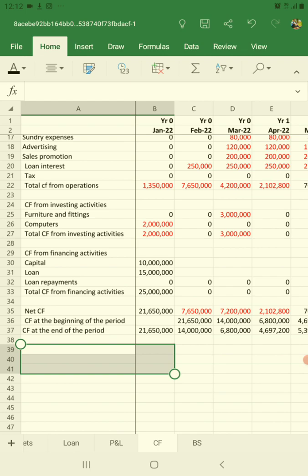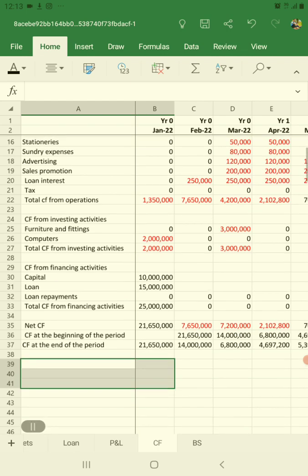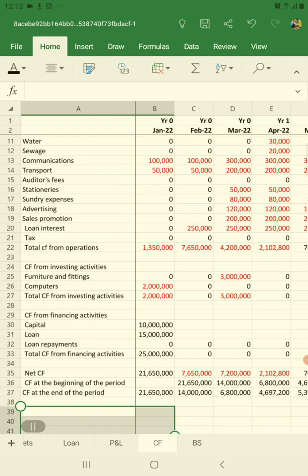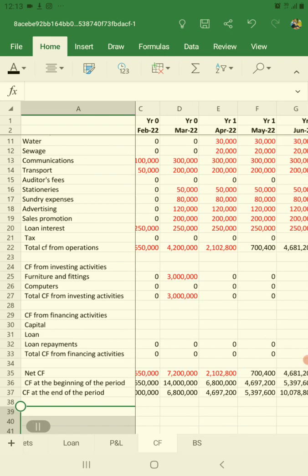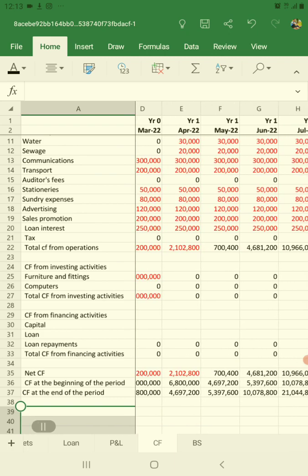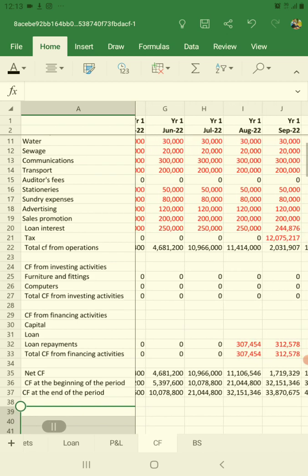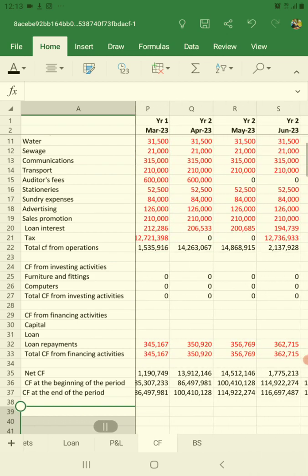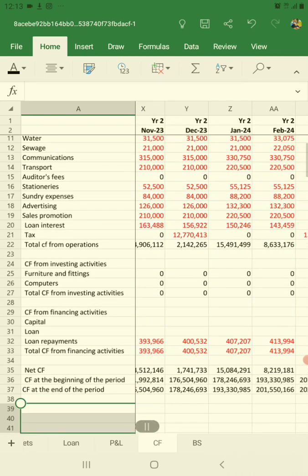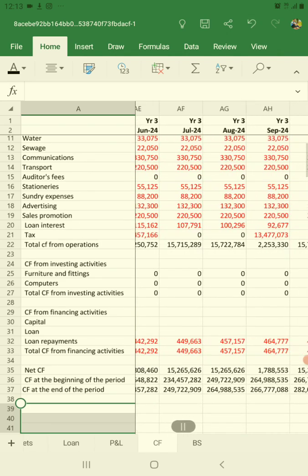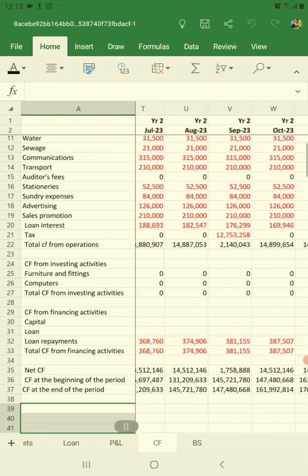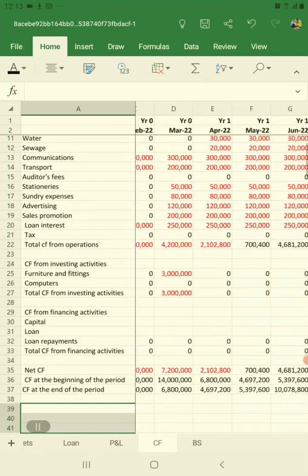Our cash flow, after all the assumptions we have done: total cash flow from operations, we have negative cash flow from operations up to April, and from May we start to have positive cash flow, and according to this business plan it is so throughout the projection horizon.